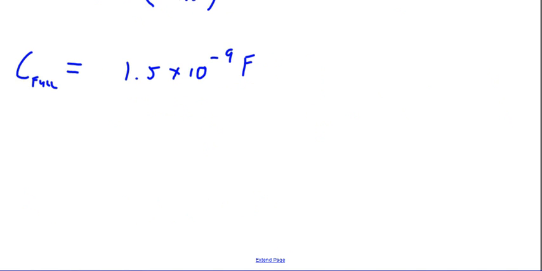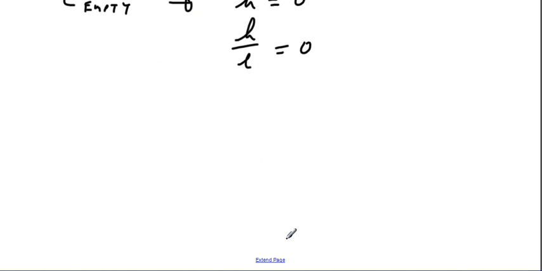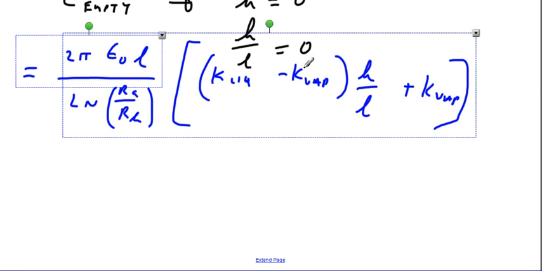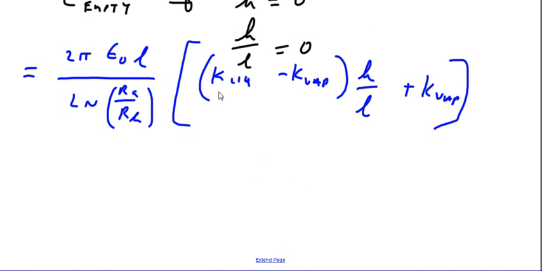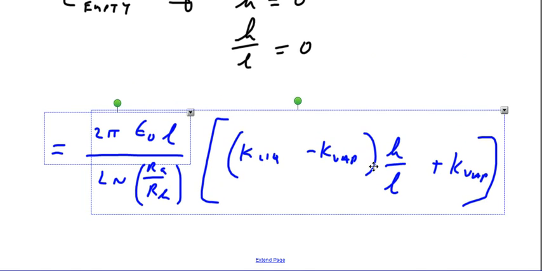Okay, then we look at empty. Capacitance empty, which implies that H is 0 and H over L is going to be 0. And I'm pretty sure I can grab that equation again. Yes, I can. There we go. I got it again.